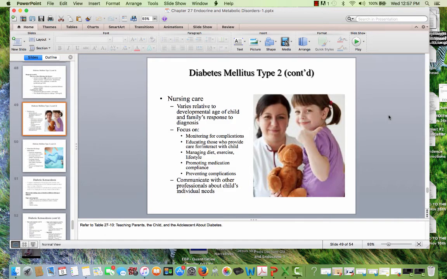So care really depends on the developmental age of the child and the family's response to the diagnosis. You're going to monitor for complications. We know that this is all dealing with lifestyle and management of that lifestyle.